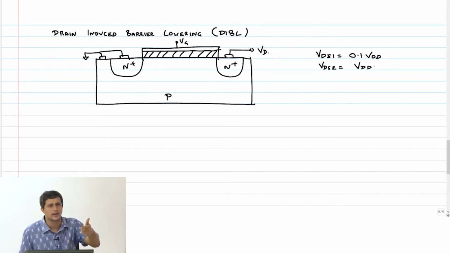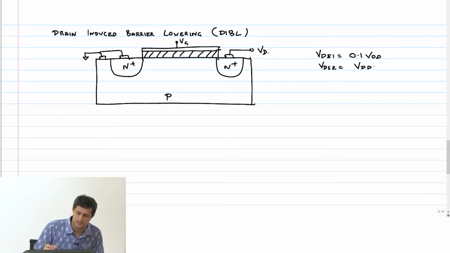I have to increase my gate voltage so that the surface potential is developed in whatever particular way, as per that definition. Are these two threshold voltages expected to be the same or different? Same. If it's a long channel device, you saw the expressions that we derived, it had no dependence on VDS, which is quite understandable.